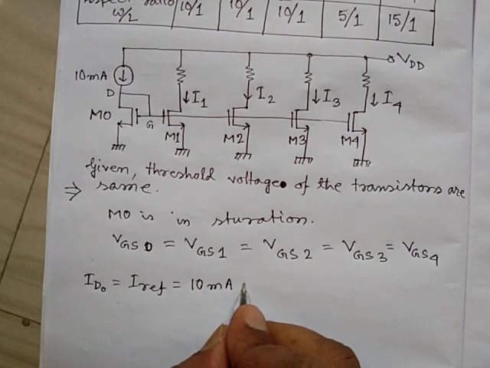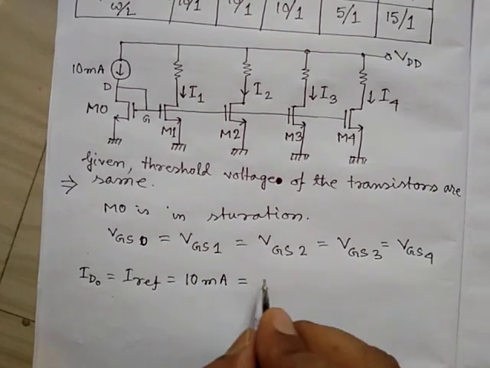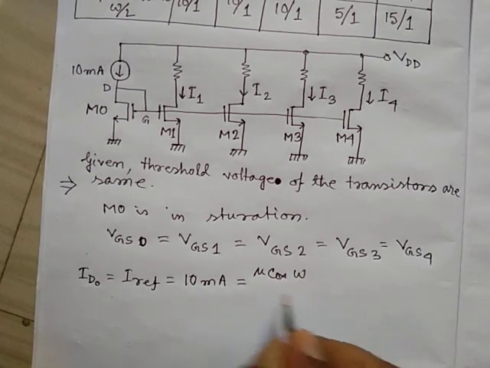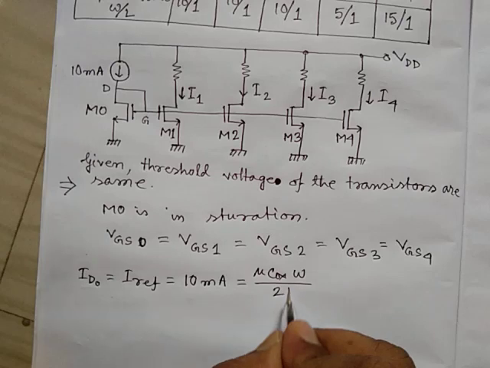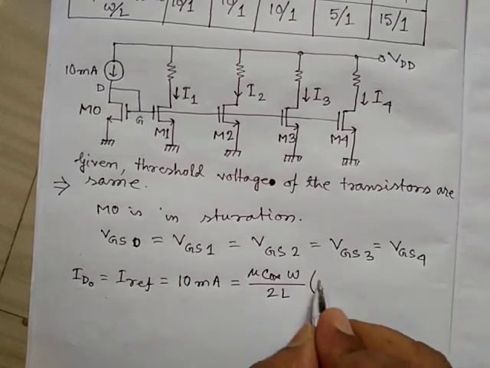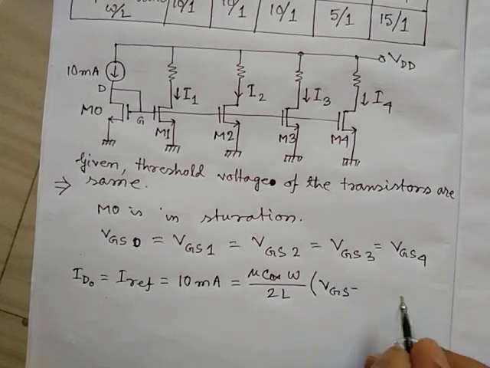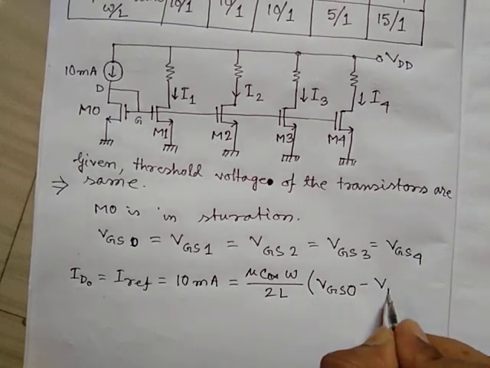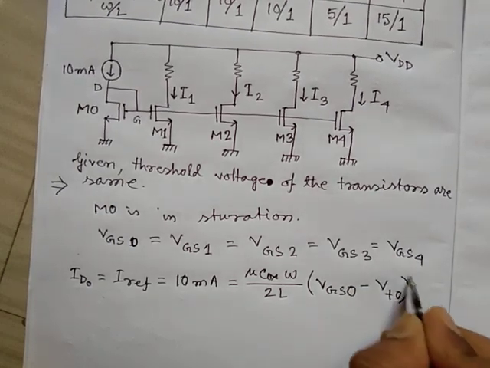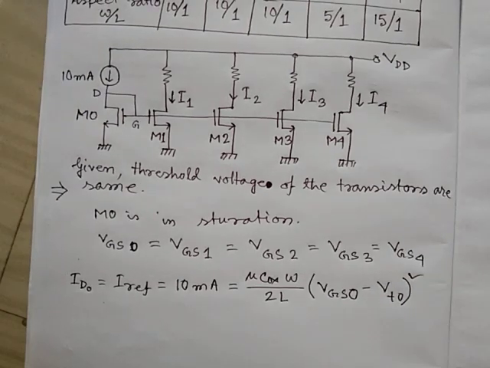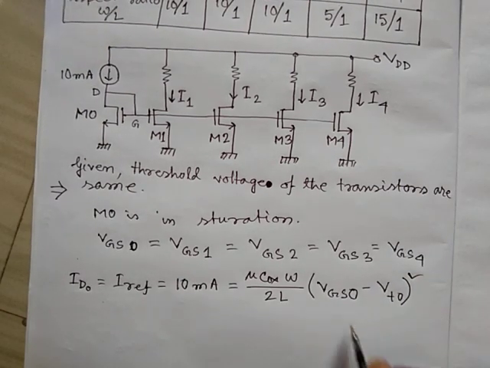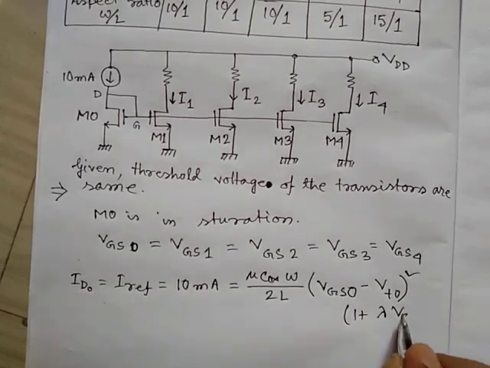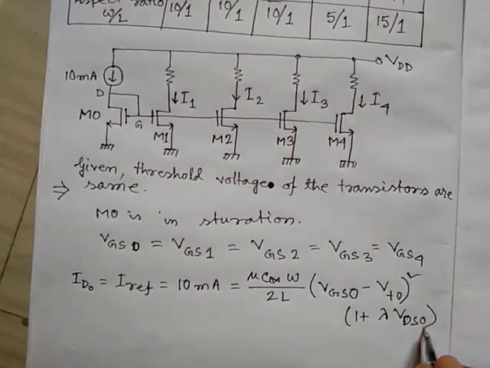So this 10 milliampere equals mu Cox W by 2L into (VGS0 minus VT0) whole square, multiplied by (1 plus lambda VDS0).